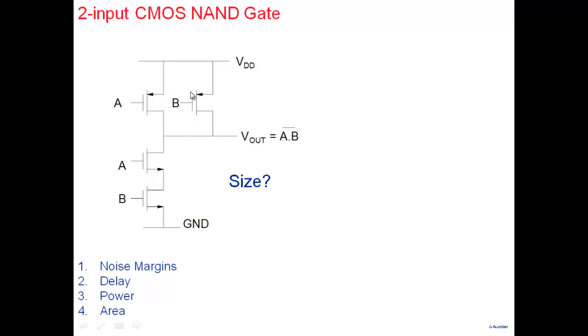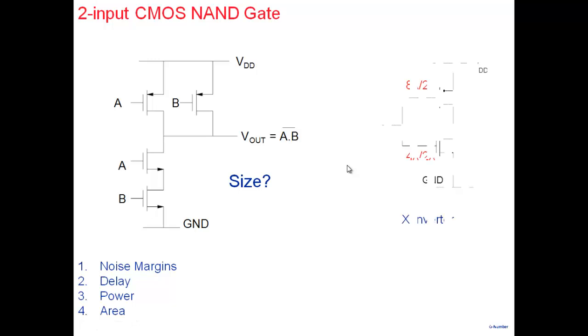Note that the intrinsic part of the delay, to the first order approximation, doesn't depend on the size. Because as you increase the size of the transistors, the capacitance increases, but the current also increases. And so capacitance by current sort of balances out, first order. But the power does depend on the size here. The capacitances depend on the size. And area, of course, we understand. But remember, area does not simply scale. If I double the size of the NMOSs, it doesn't mean the area doubles. All right, so it's not as simple as that.